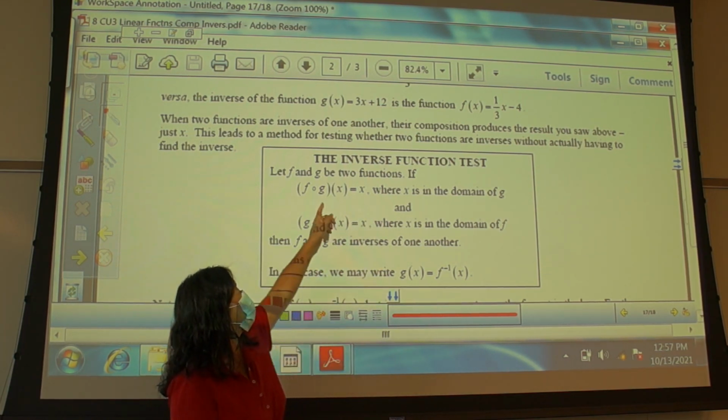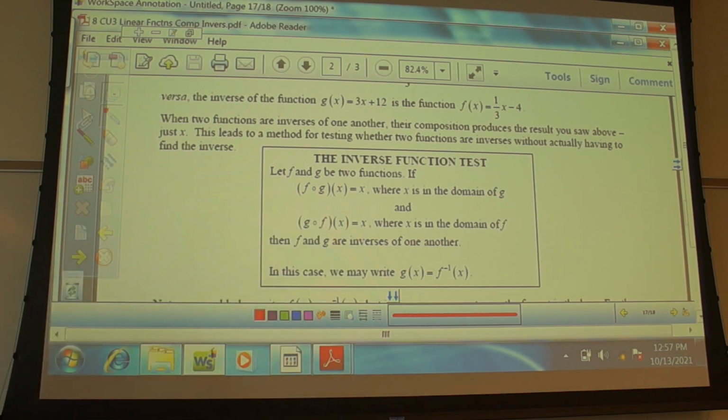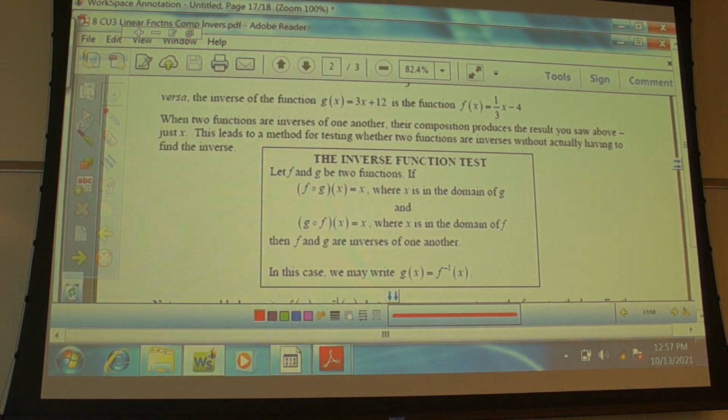So this means that first I do, don't forget, f of g of x, I want you guys to rewrite that as f of g of x. And you can even use your fancy colored pens if you want.